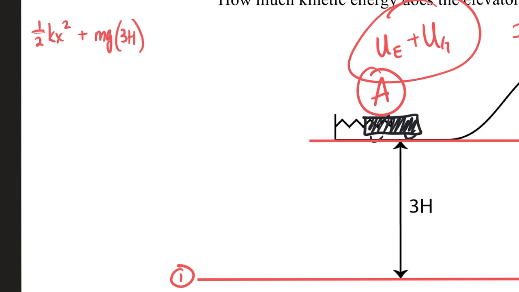I'm saying this not because I want to reiterate it, but because in a few minutes, this thing is going to be filled with letters, and it can become challenging. I need you to recognize that's okay. You need to rise up to the challenge, but you have to use the letters they give you, not ones you want to use. All right, that's going to equal, well, it's at the top of the hill.